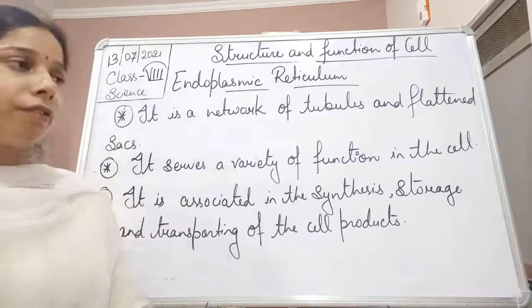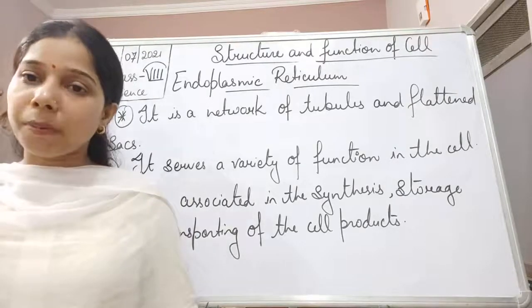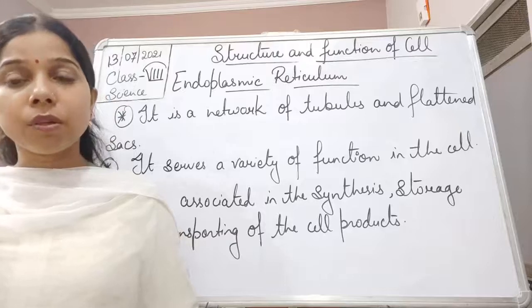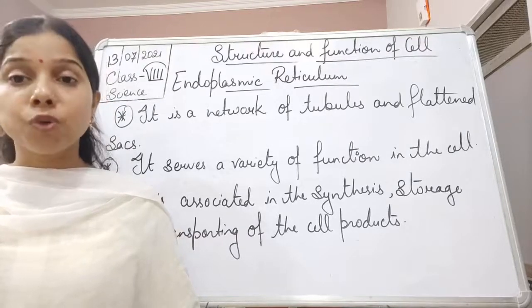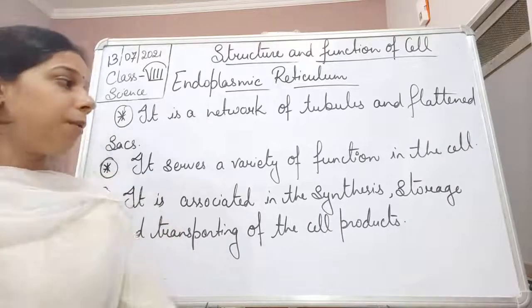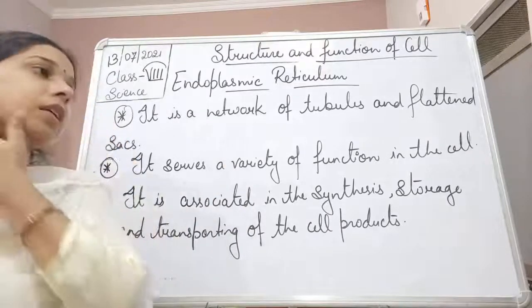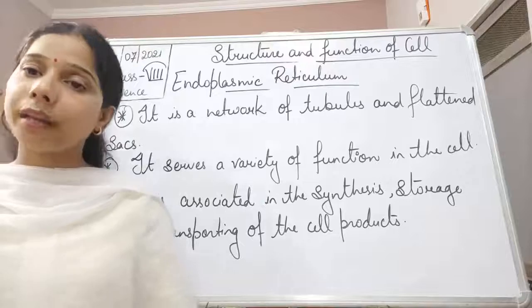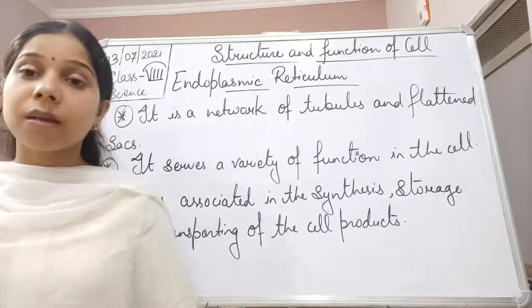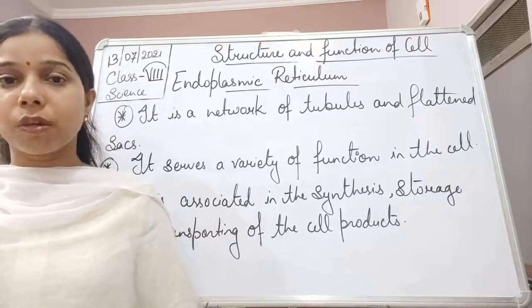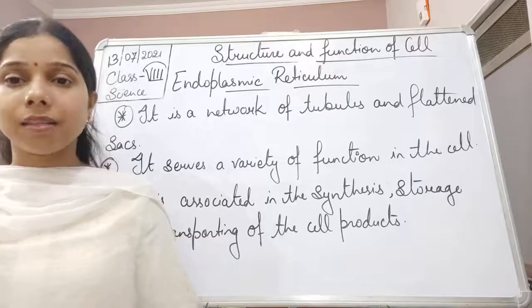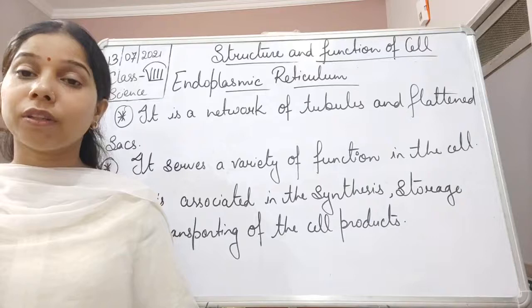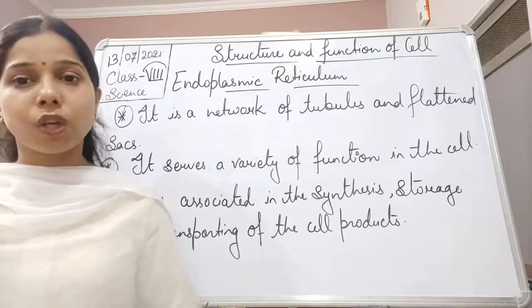And if the ribosome is not present, then the surface will be smooth, and at that time the name we give is smooth endoplasmic reticulum. Basically, on the basis of this, we can say that it has a variety of functions, student. Yes, endoplasmic reticulum helps in the synthesis of protein, as well as the synthesis of fats, which we call lipids.